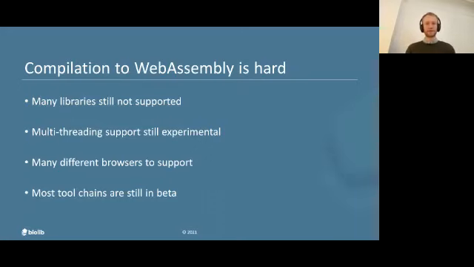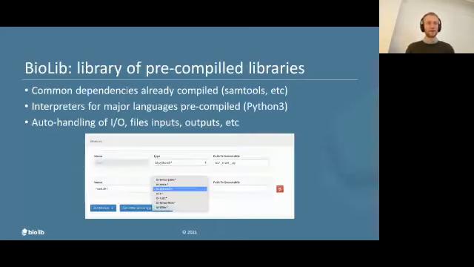That said, not all hope is lost. What we basically realized is that we had to do a lot of work pre-compiling libraries. First of all, if many of the common bioinformatics tools were already compiled to WebAssembly, when you were building your pipeline, you could basically just stitch them together without having to deal with the low-level compilation yourself.